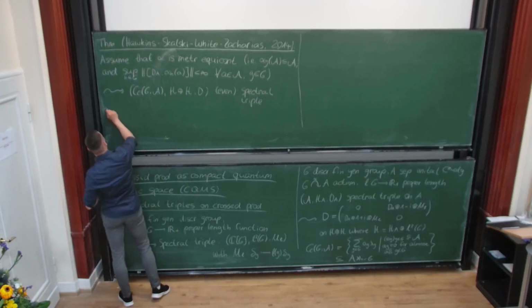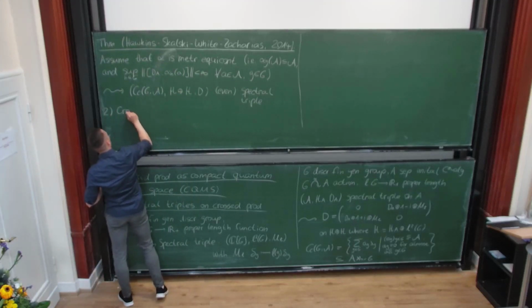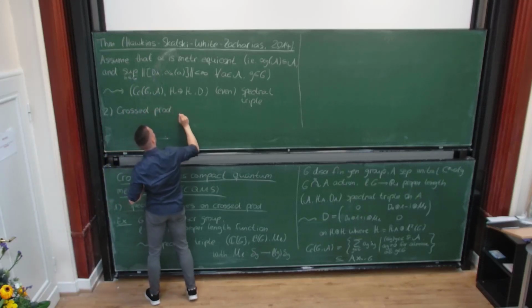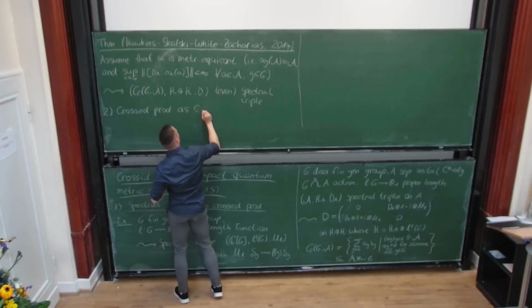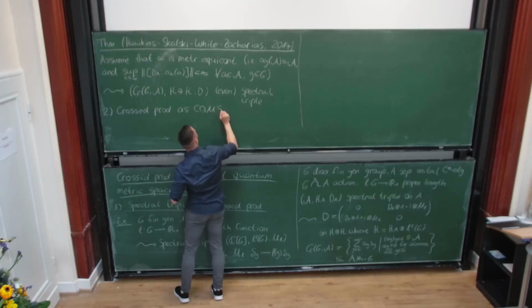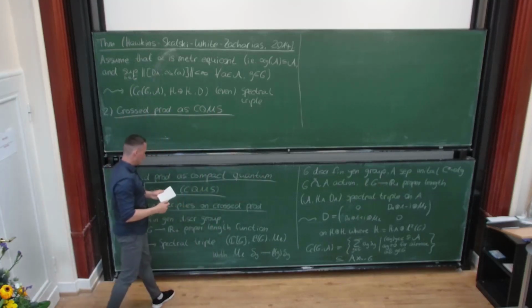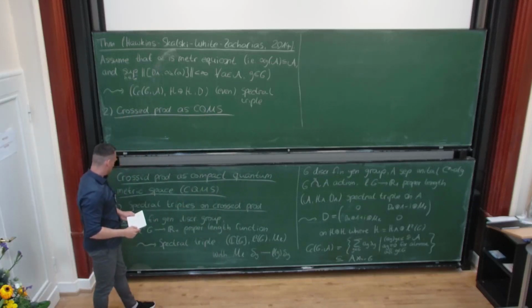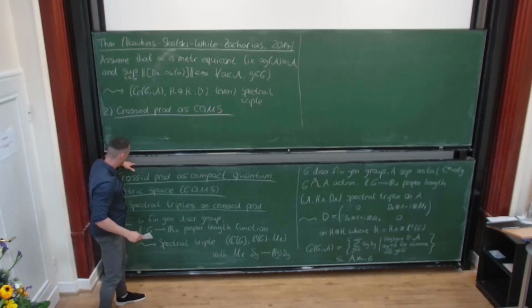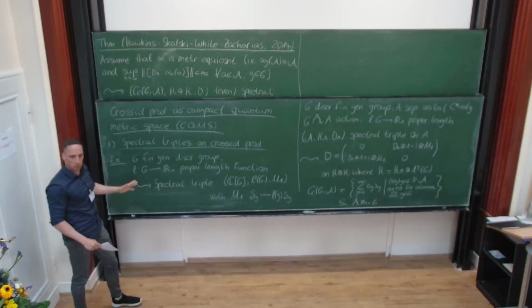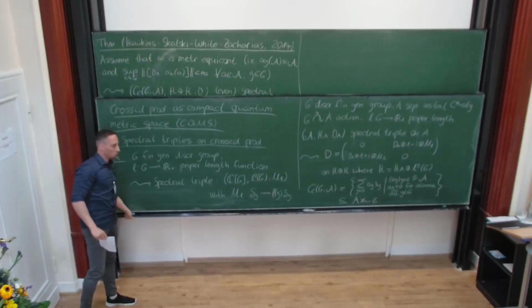Okay, let's approach this question, compact quantum metric spaces. Maybe I should say one or two words on the example from before. So in the group algebra setting, certain things are known.